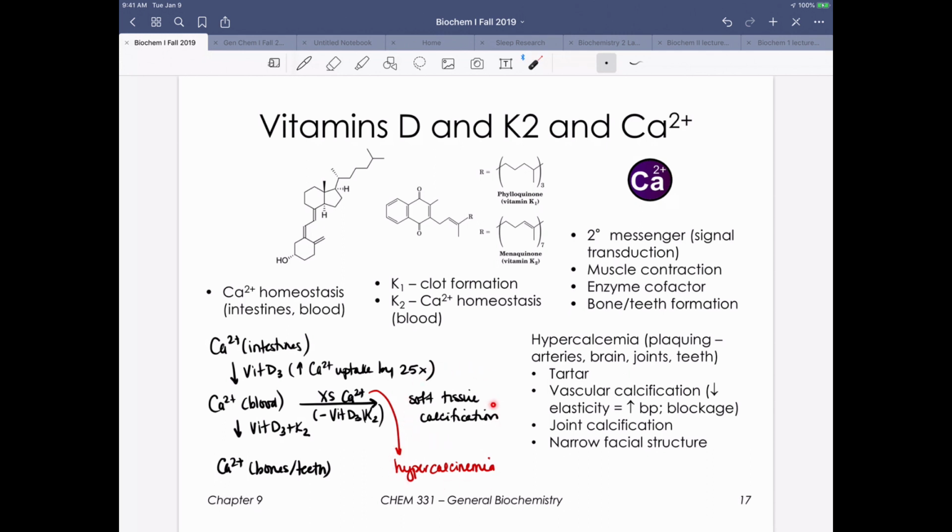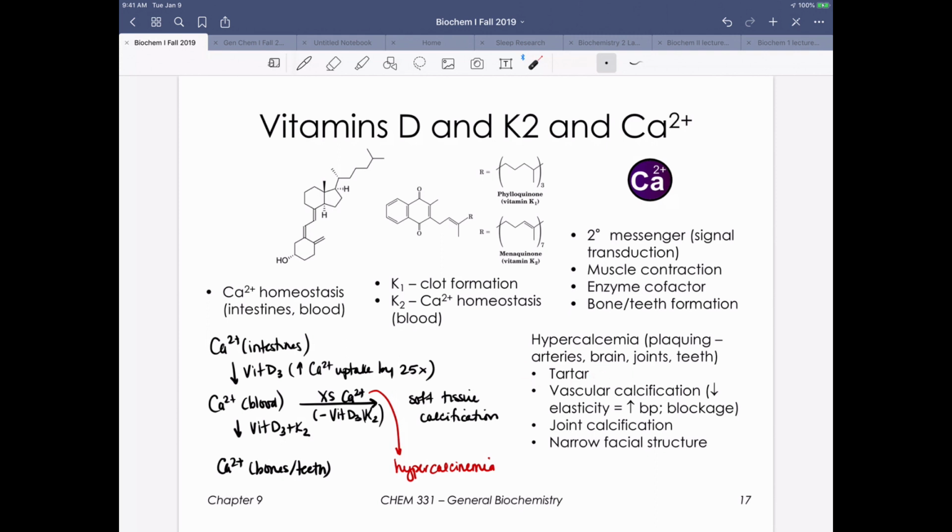And what can happen is if calcium levels get too high, your body tries to do something with it to get rid of it. Just like when you have high glucose levels, your body tries to get rid of it in some way by converting it into fats. In this case, if you've got high levels of calcium, your body will end up depositing it in soft tissue, not in mineralization of these hard surfaces, but it'll throw it into soft tissue as calcium deposits.